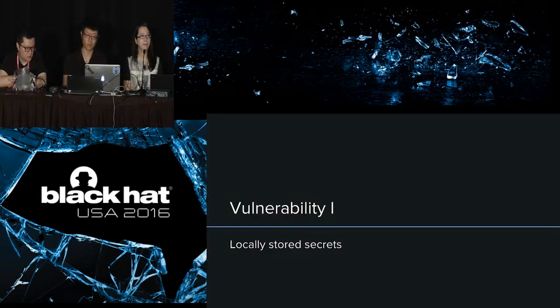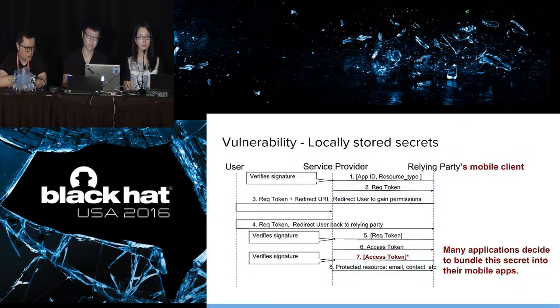And now we come to our first vulnerability. What if the secret is not stored securely on a web server? In a lot of mobile cases, the relying party is using a mobile application or mobile client, and to simplify the flow and the work, they store the secret in the mobile application directly. Then in step 7, when they sign the access token, it cannot be trusted, since the secret is in the application.